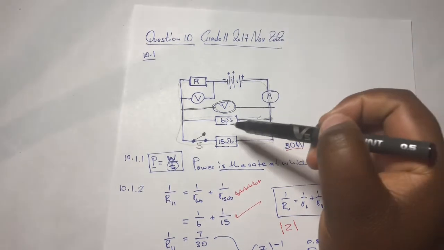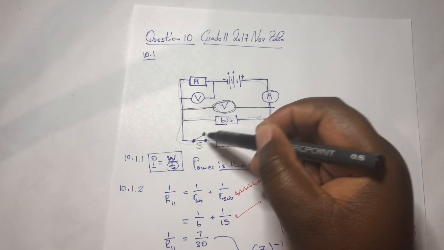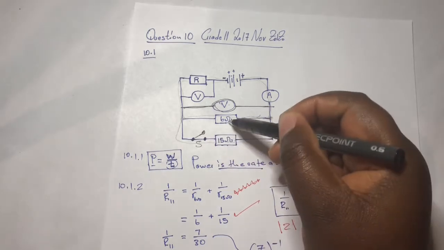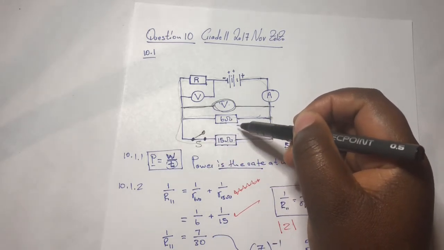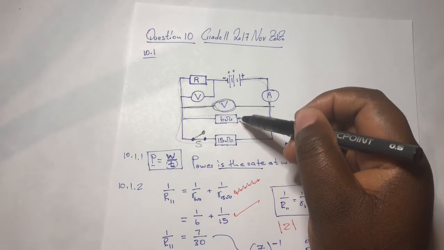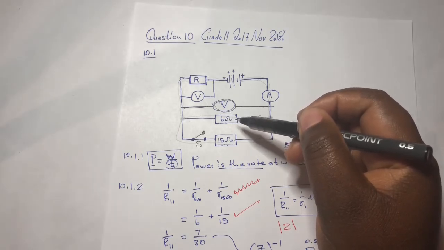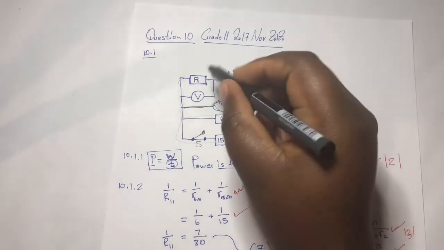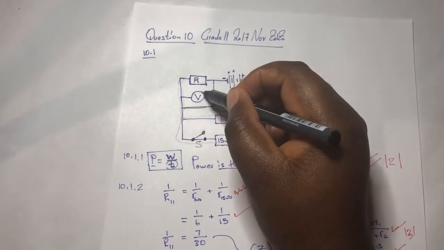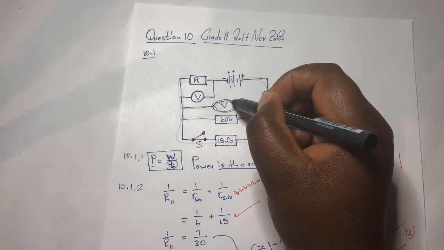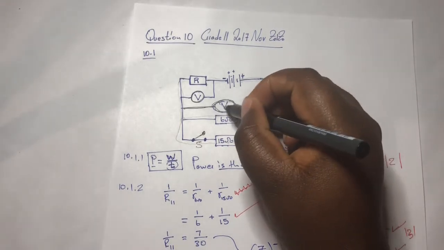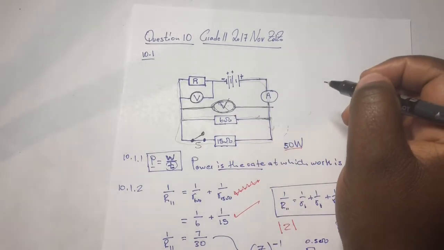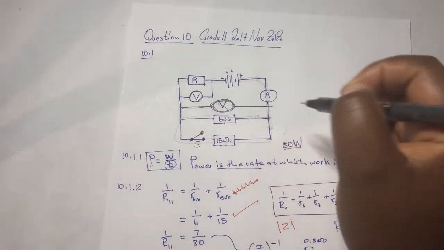The reason is that when you open the switch, you are converting from parallel to series, and that means you are increasing the total resistance of the resistors of this circuit. Before I continue, this is the V that they are referring to, not this V. As I indicated, I just added this V when I was answering one of the previous questions. So this is the V that they're talking about, which decreases.